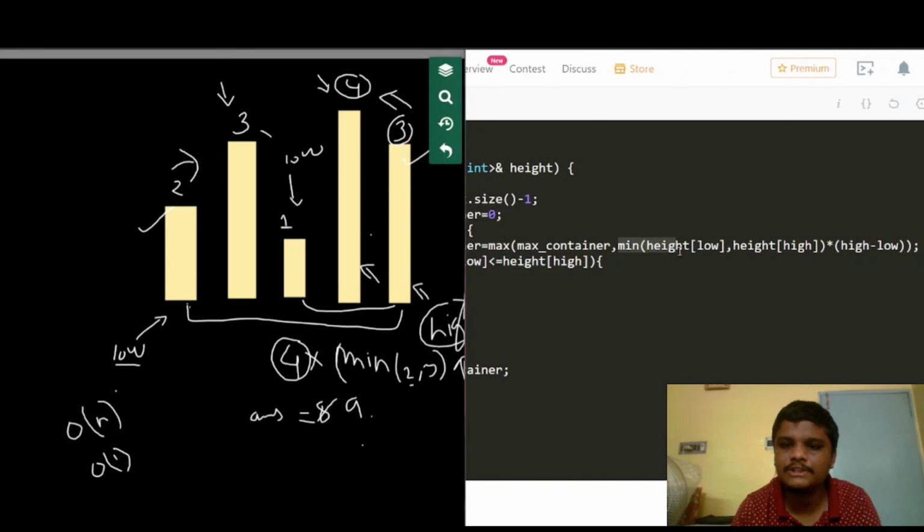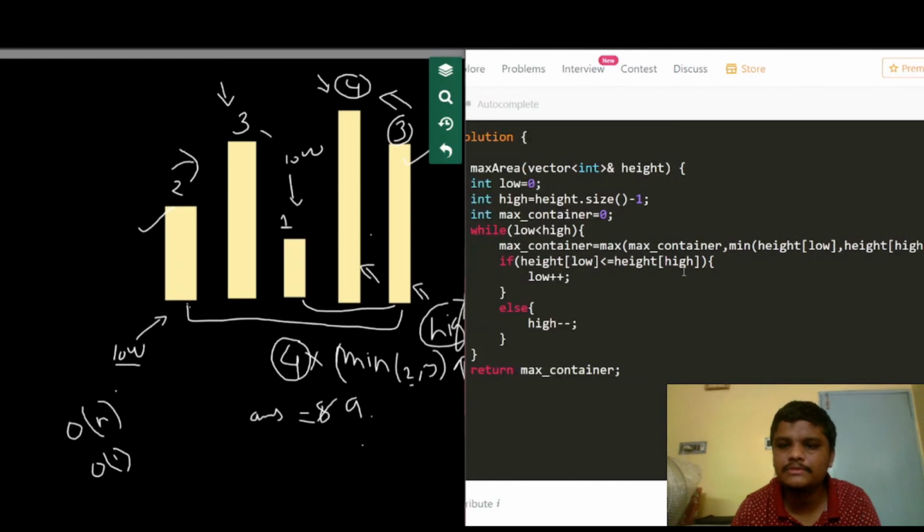The area is actually the minimum of height of low, comma, height of high, because we need to find the minimum between the two lines. And then we multiply this with the length, that is high minus low, the length between the two lines.